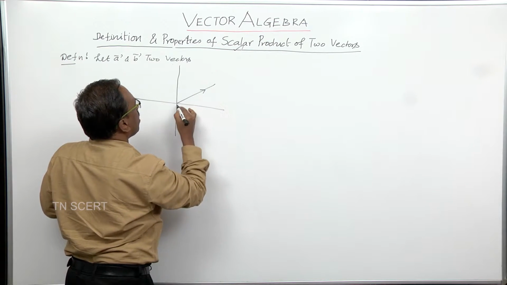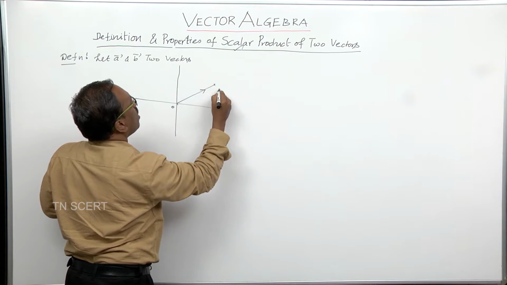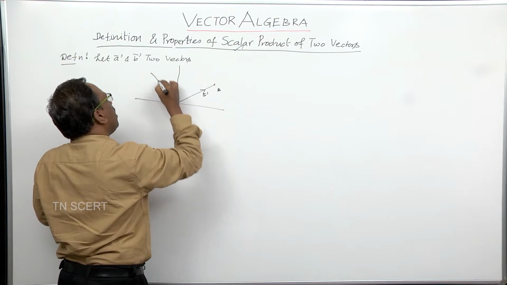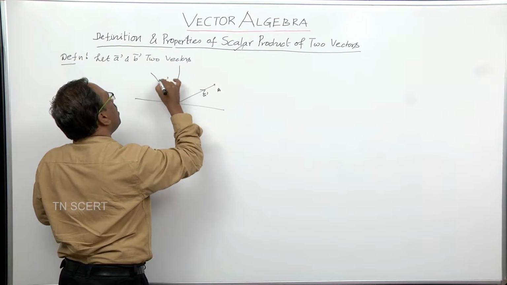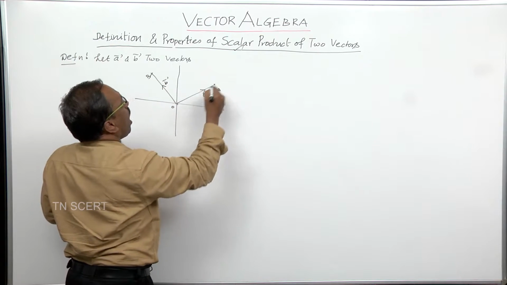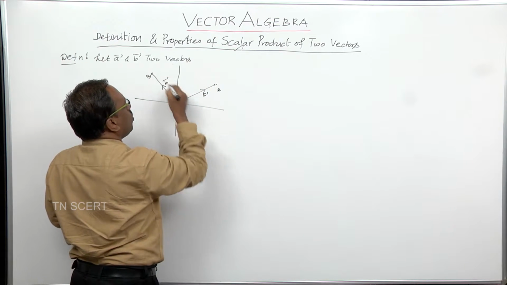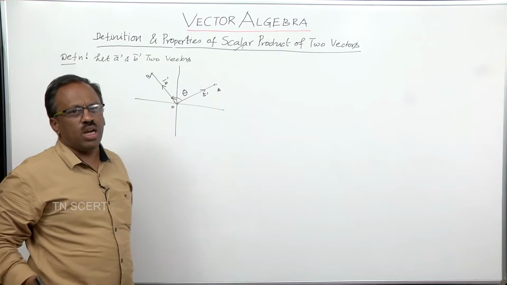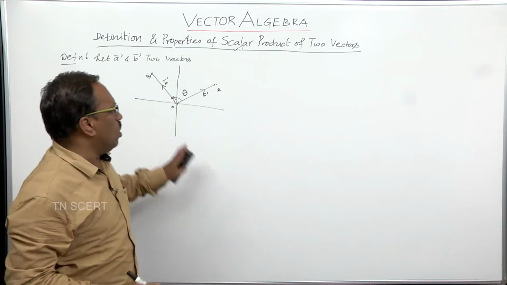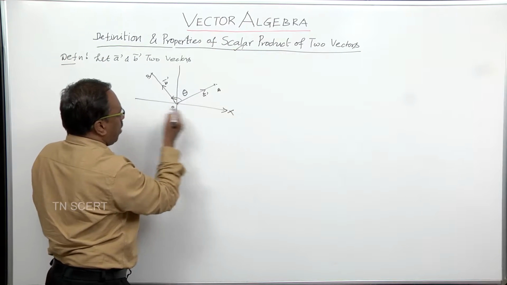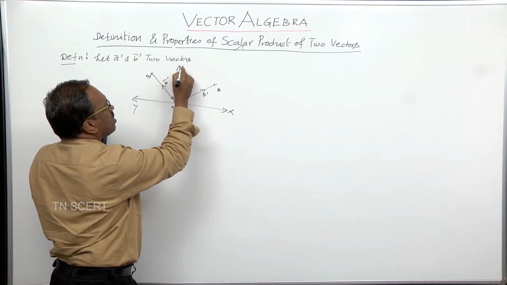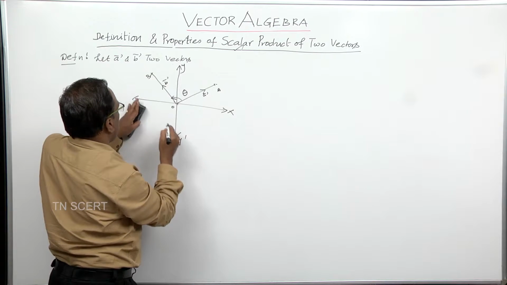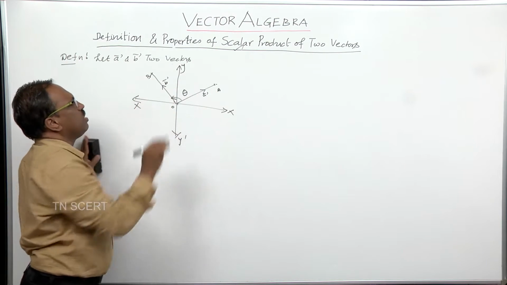One is vector A, from O to A. The other one is like this, this is vector B, the point is B. I am representing O to A as A, O to B as B, and the angle is theta, remember that. We have taken the xy plane, this is y, this is x dash, like this.